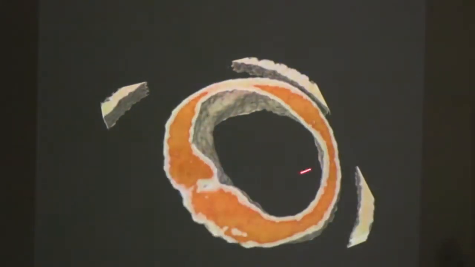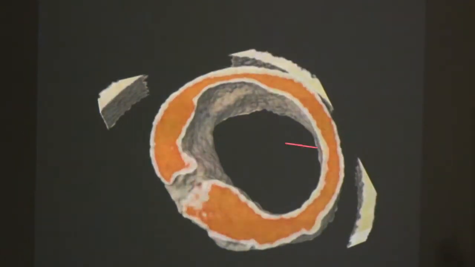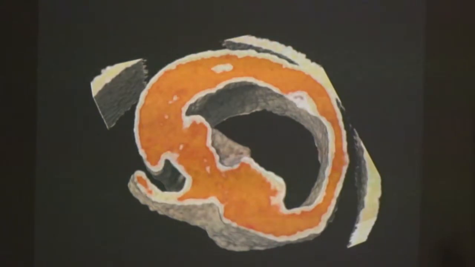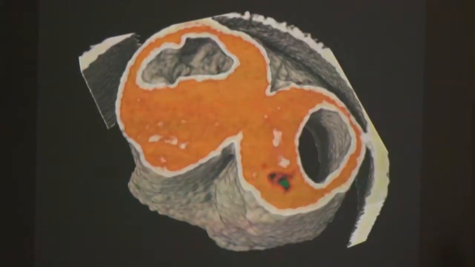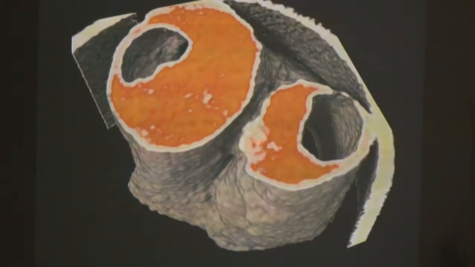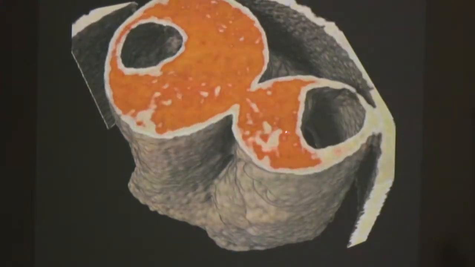Okay, so in this case, that's towards the heart, and up here is towards the brain. So you can see how the artery splits. That's called a bifurcation. Two branches going.